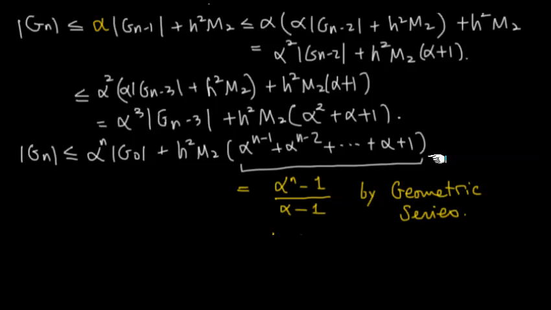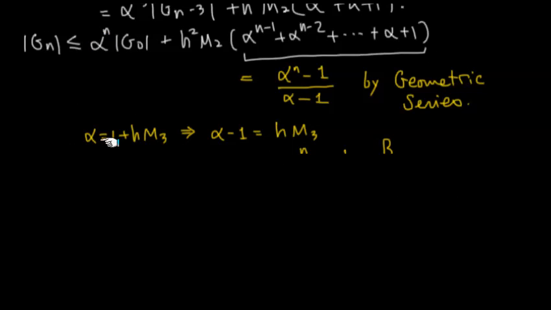N terms of the geometric series can be simplified into the following closed form. It's alpha to the n, that n is usually coming from the number of terms in the geometric series, and alpha is a common ratio between these adjacent terms. So it always ends up like this. So let's go back to what alpha is and simplify alpha minus 1 and think about what this alpha to the n is. Alright, here's the first bit of it.